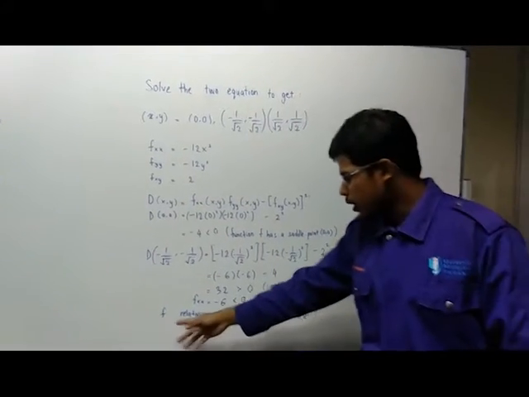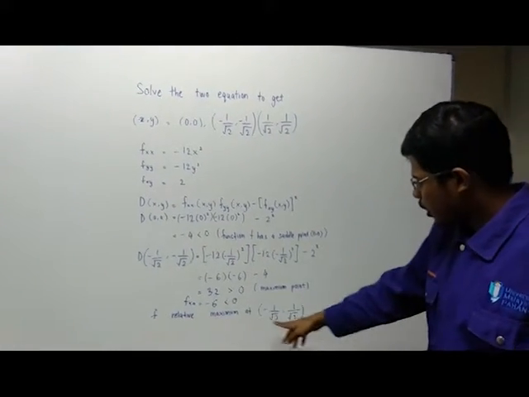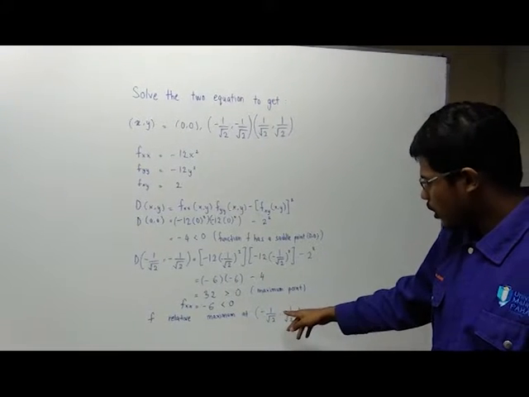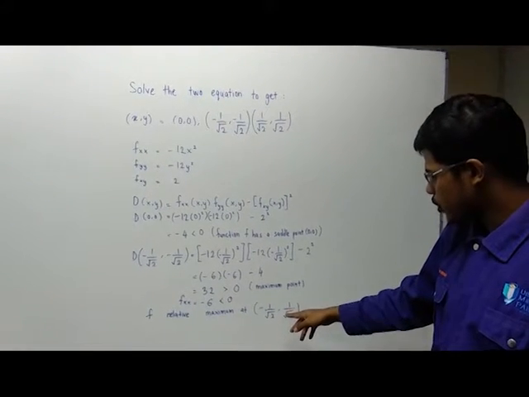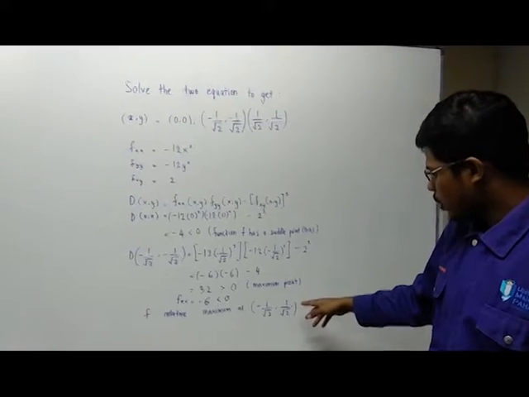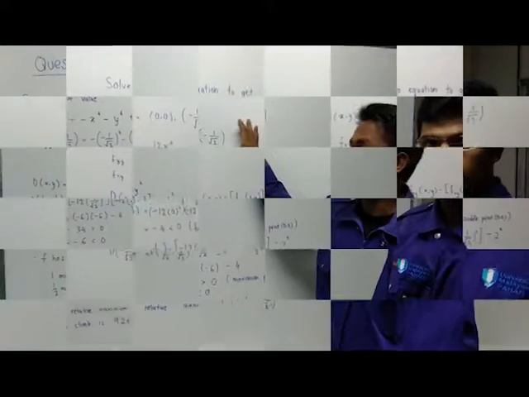So to say that f has a relative maximum point at negative 1 over square root 2 and negative 1 over square root 2.